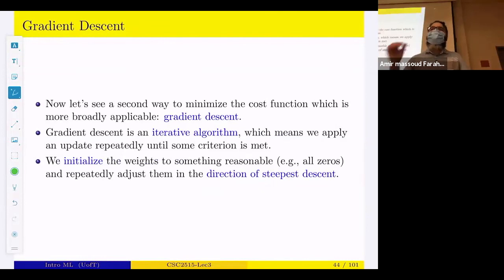If you remember, we got to the loss function several slides ago, and I mentioned that now we have to find a solution that minimizes that cost function. One solution was a direct approach, which was taking the gradient and making it equal to 0.